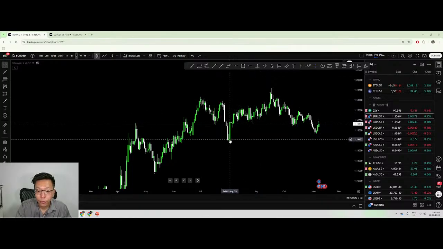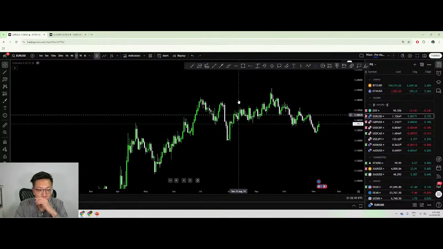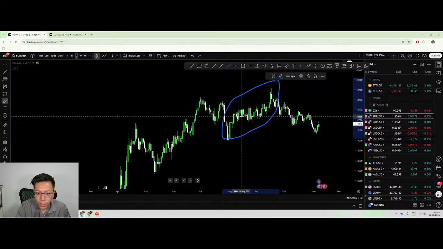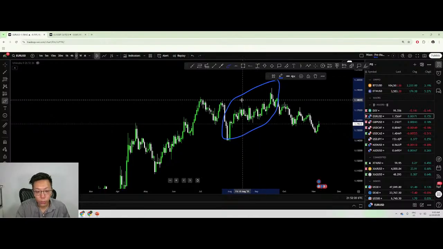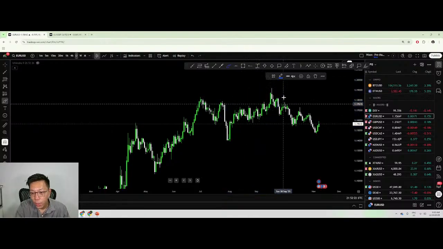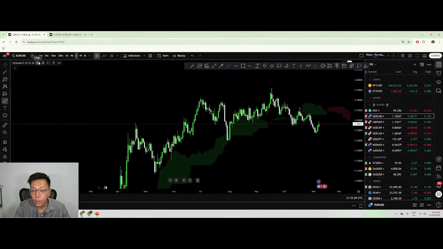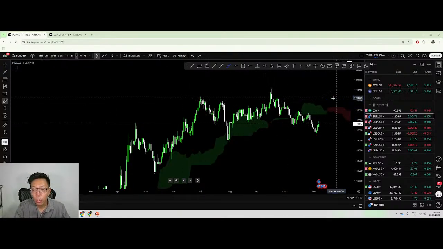If you look at this whole area right here, it just doesn't really make sense to me if you look at price action itself. And of course, if you turn on the Ichimoku cloud indicator, we can see we have bearish momentum coming for EURUSD.